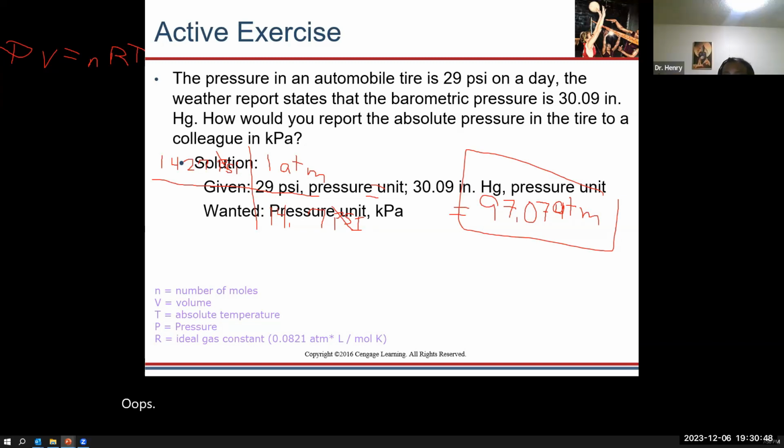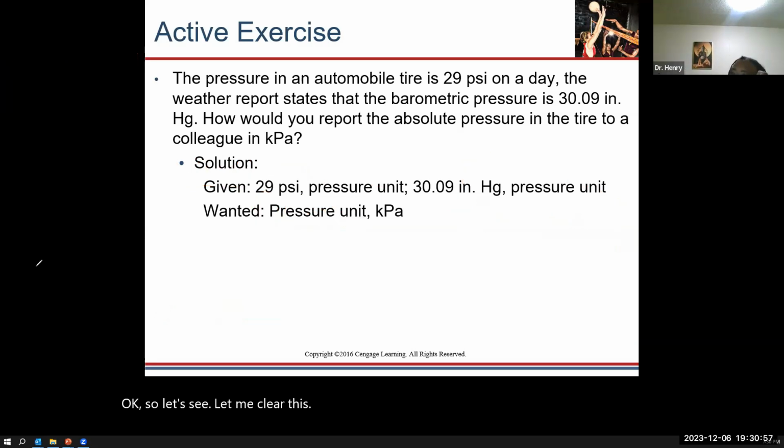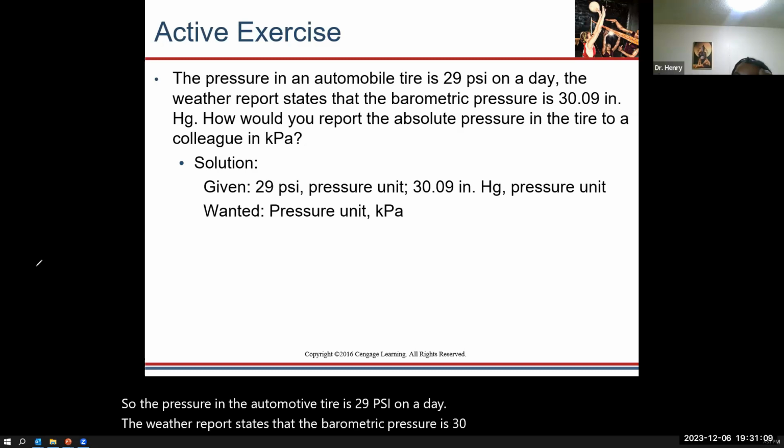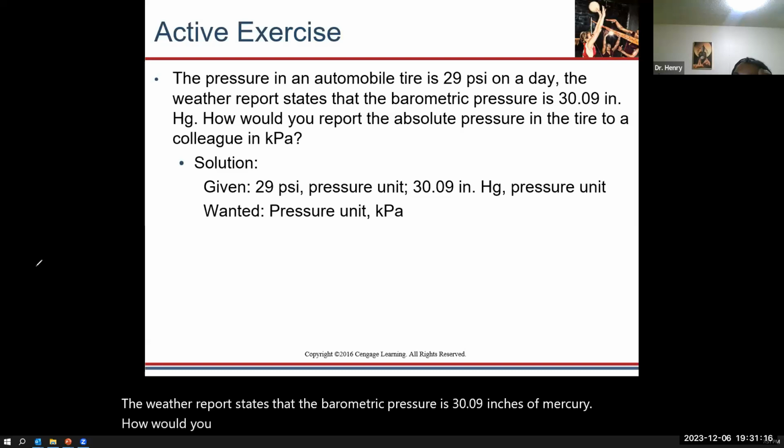Okay. So the pressure in the automotive tire is 29 psi on the day. The weather report states that the barometric pressure is 30.09 inches of mercury. How would you report the absolute pressure in the tire to a colleague in kilopascals?